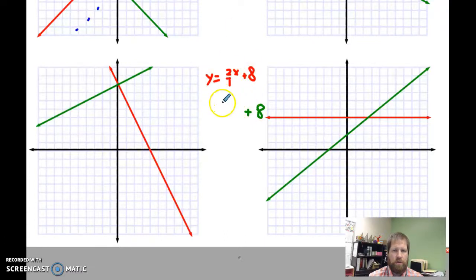My slope is now up 1 over 2, so my line is now 1/2 x plus 8. So this one could be done with just one rotation. I could have just rotated around this point, x is 0, y is 8.